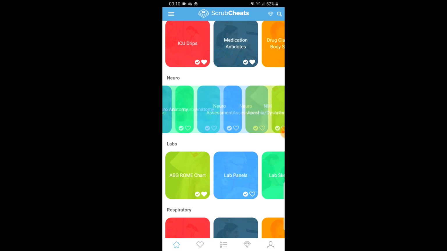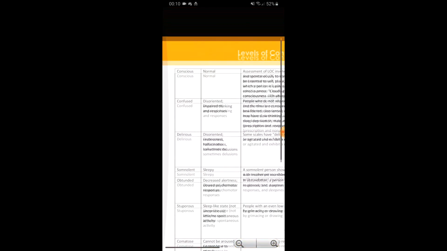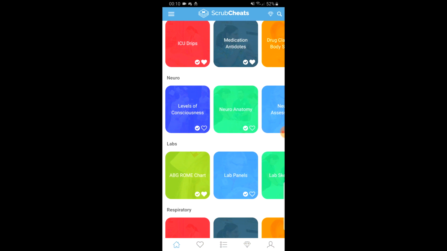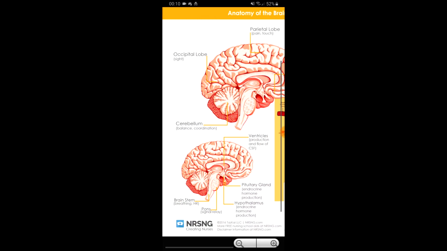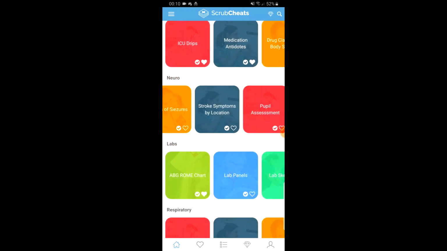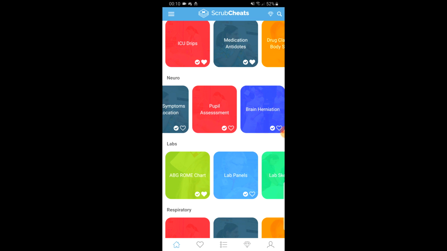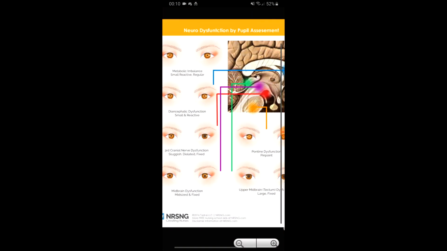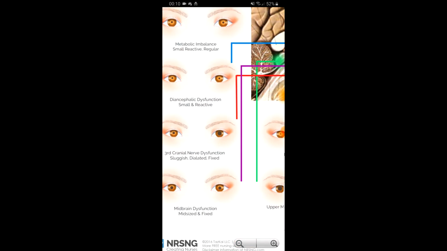Neuro, level of consciousness, it tells you all of that: conscious, confused, delirious, and many more. Neuroanatomy, boom, it's right there. If you need a quick reminder, you've got it. Pupil dilation, so yeah, literally it is amazing.